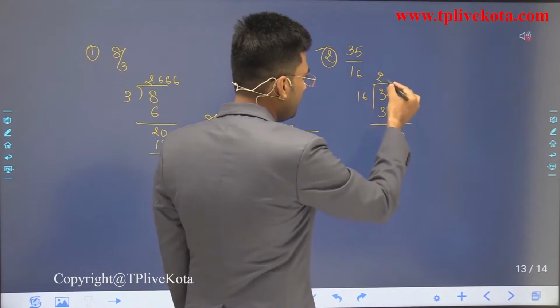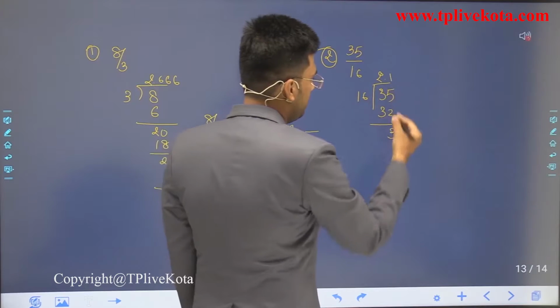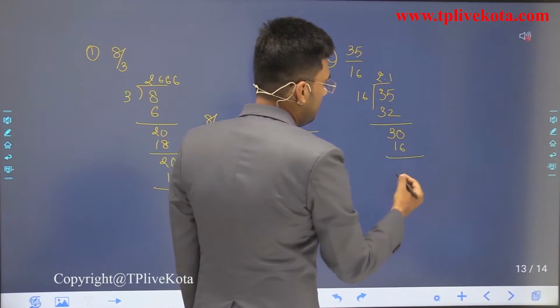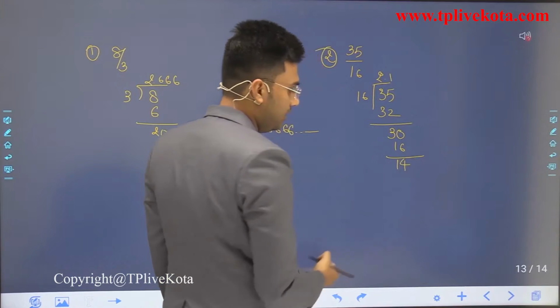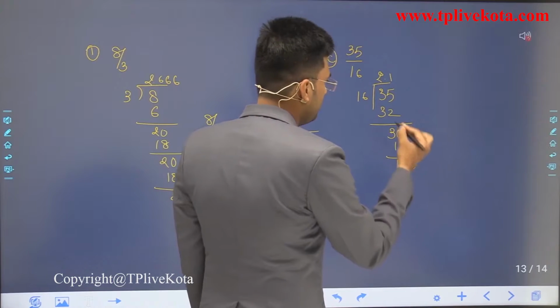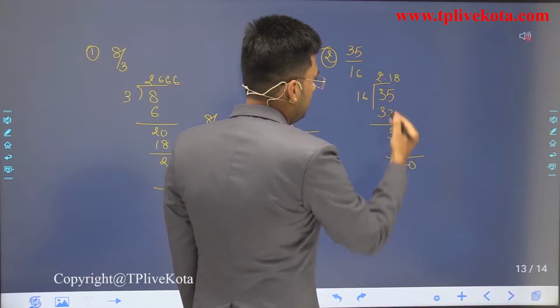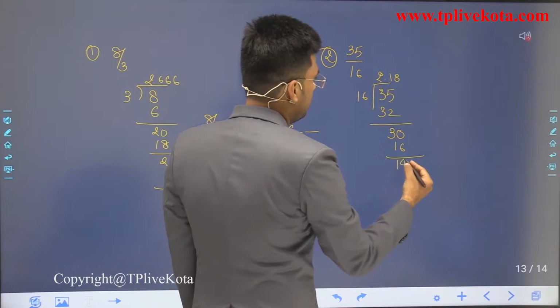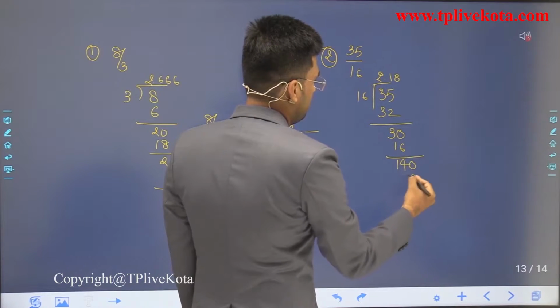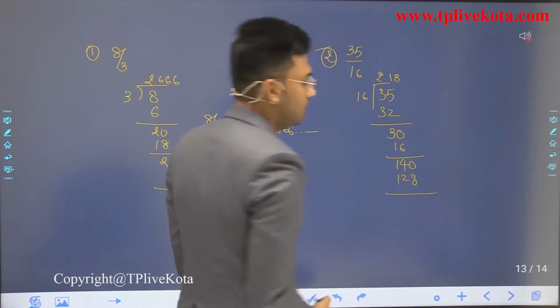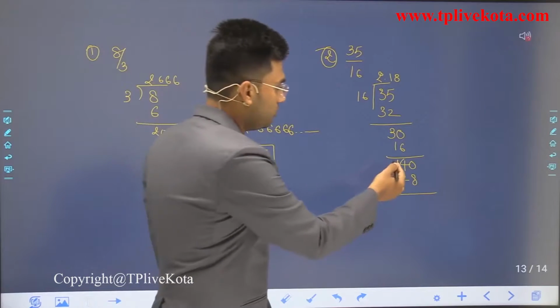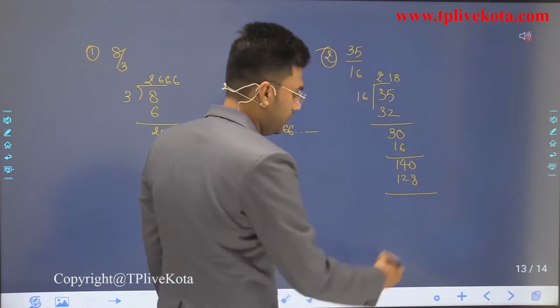Now it goes one time, 16 times 1 is 16. Now the remainder is 14. Again 0, 140. Now it goes 8 times, 16 times 8 is 128. Now the difference of 140 and 128 is 12.